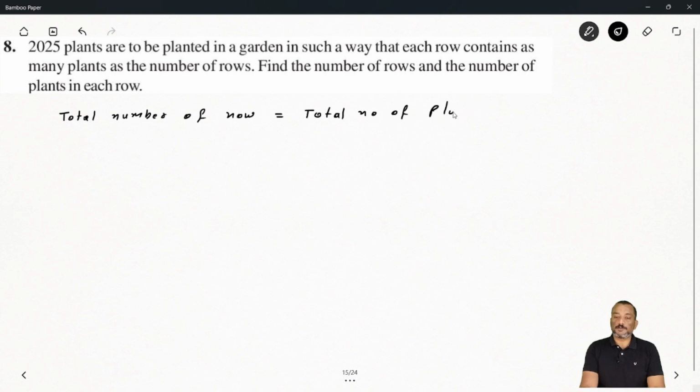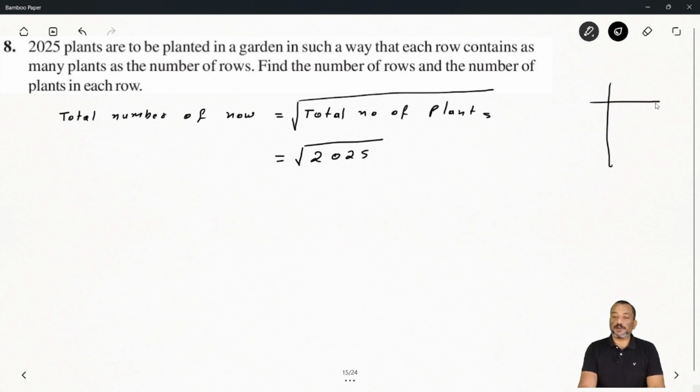Okay, so which means here we will find the square root of 2025. So we will do the prime factorization of 2025.